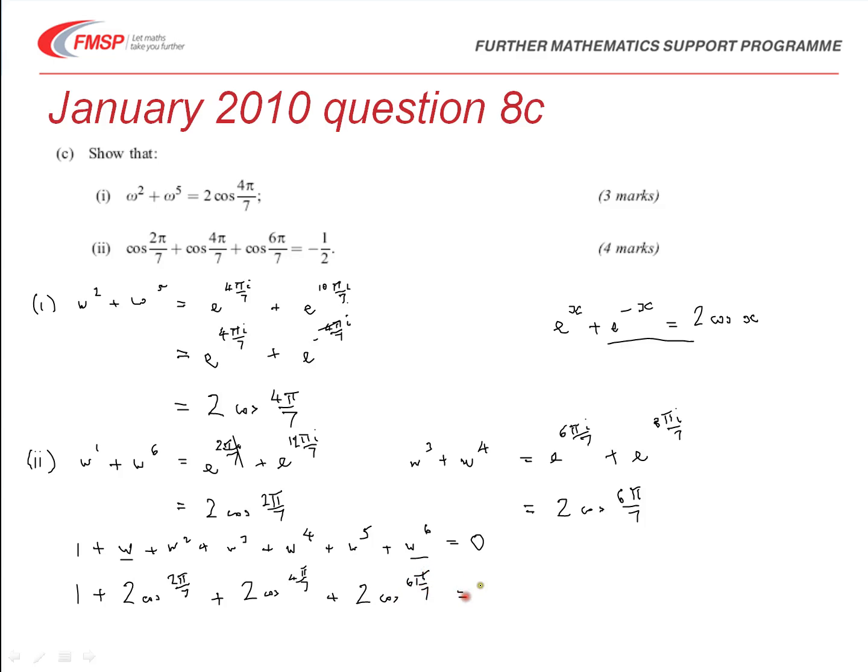And that all equals 0. So how do we get to the result we want? Well, subtract the 1 and divide by 2. And that gives us what we require, that the cos of 2 pi over 7 plus the cos of 4 pi over 7 plus the cos of 6 pi over 7 will equal minus a half.